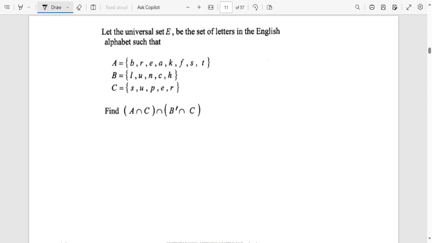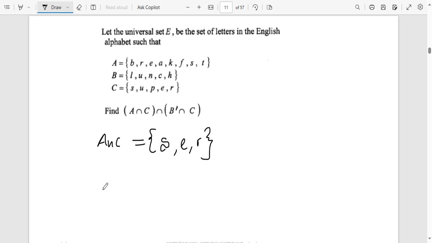We want to find A intersection C intersection B complement intersection C. Now we'll start with A intersection C. Just look at what is common in A and C. Tell me the elements which are found in A and in C. What elements can you see in A and in C? S, and E, and R. That's all.